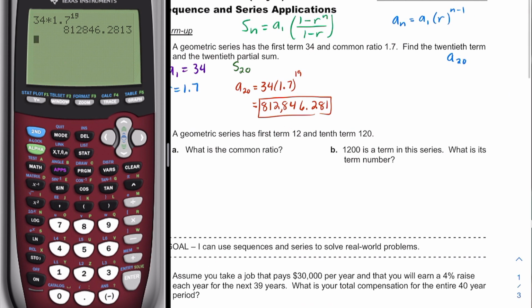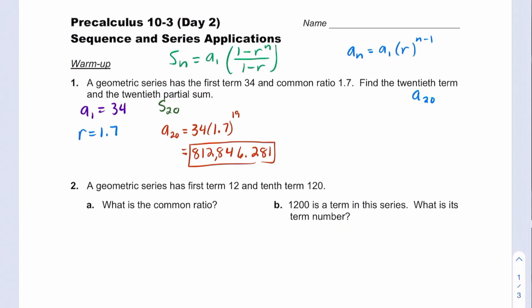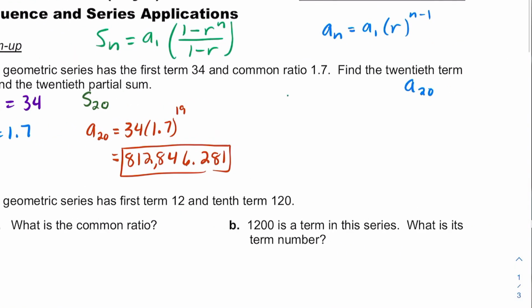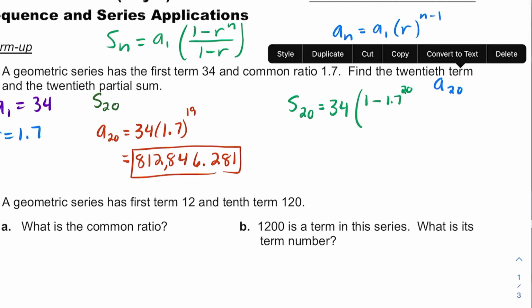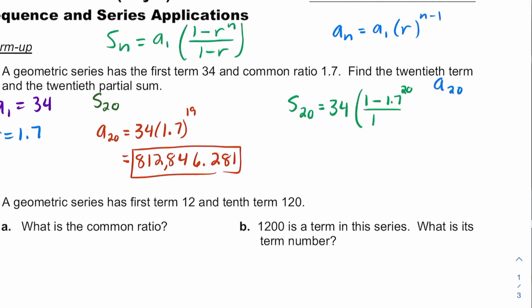So S sub 20 is equal to the first term, 34, times 1 minus 1.7 to the 20th power, over 1 minus 1.7, all in parentheses.